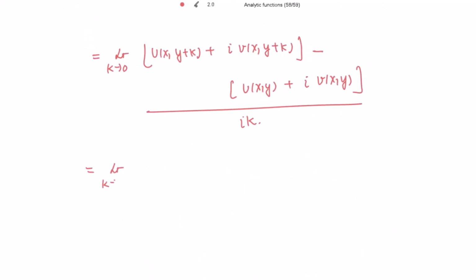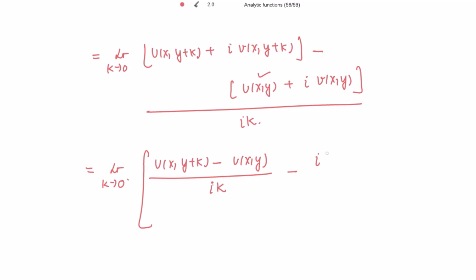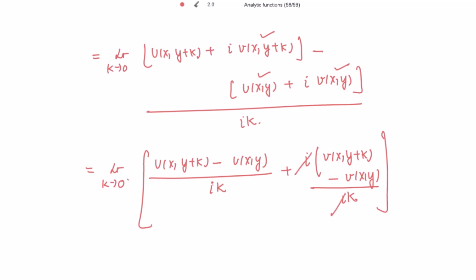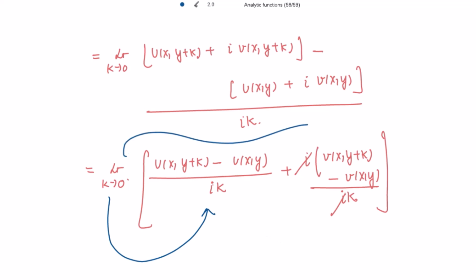So this is the limit as k tends to 0, collecting the real and imaginary parts separately: [u(x,y+k) - u(x,y)]/(ik) + i[v(x,y+k) - v(x,y)]/(ik). The i is cancelled out in the second term, and now taking the limit inside to the first term and also to the second term.